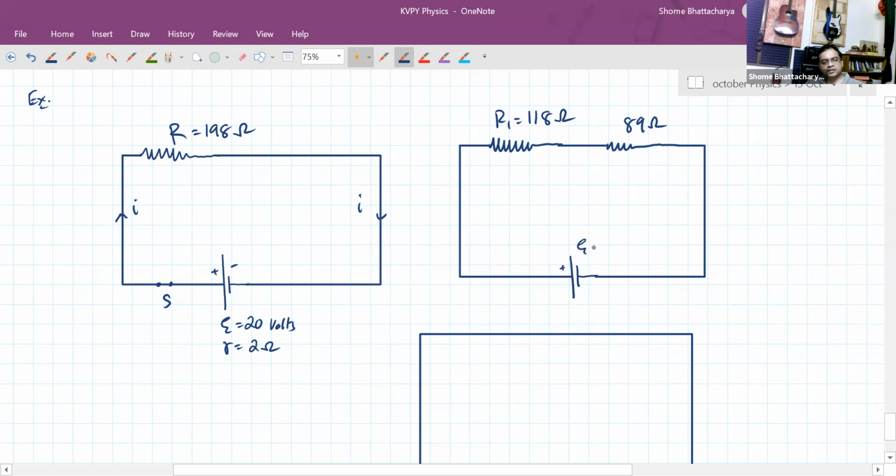And this battery here has an EMF of 50 volts and an internal resistance of 3 ohms.